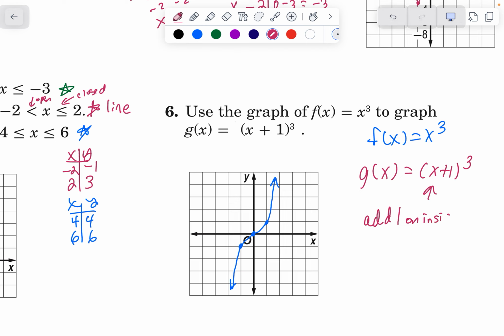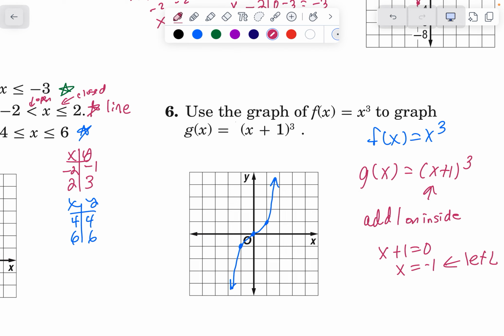On the inside, it would be right... Unfortunately, just set it equal to 0, because if you set it equal to 0, you'll see where it moves instantly when you solve for x. So it does the exact opposite of what we think. It's weird. They're so strange on the inside. That's why I don't trust myself. I always go, set it equal to 0. Let's see where that middle lives. And the middle lives actually at -1. So it's actually going to go to the left.